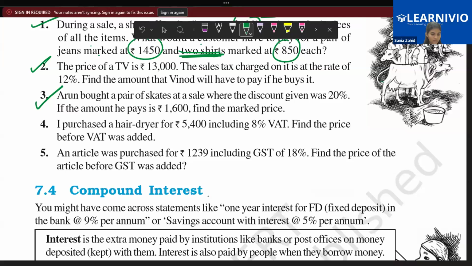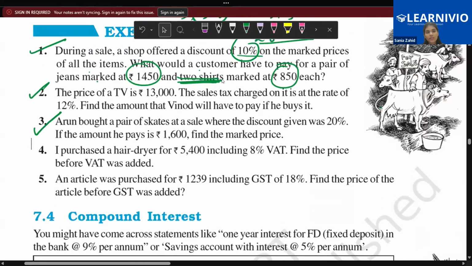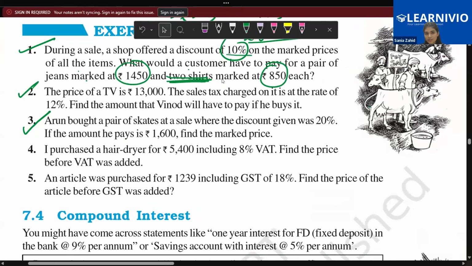Yes, children. Second one I didn't understand, and third one I finished. Second one, okay. It says the price of a TV is 13,000. The sales tax charged on it is at the rate of 12%. Find the amount the buyer will have to pay if he buys it.